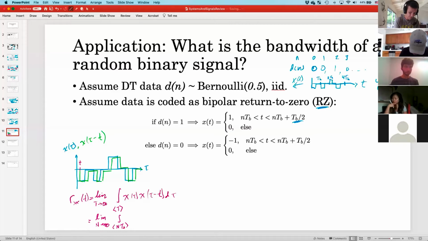Okay, and the integrand stays the same. Okay, so now all we have to do is check what happens when we slide x of tau minus t relative to x of tau.